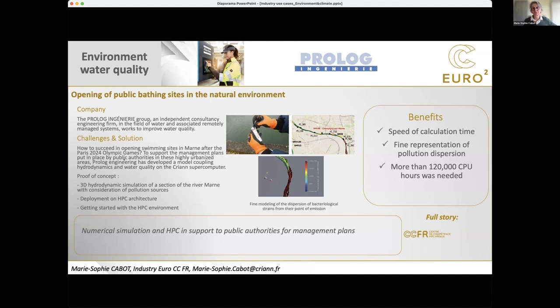So they started with a 2D standard modeling of the flow, and they had a 3D fine modeling in one sector, which was concerned with baths, with swimming.